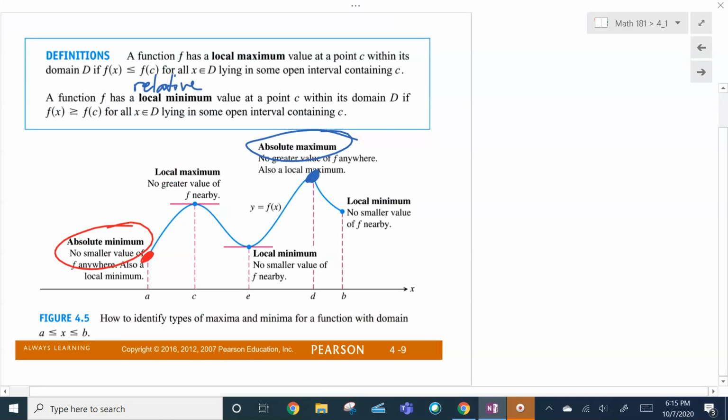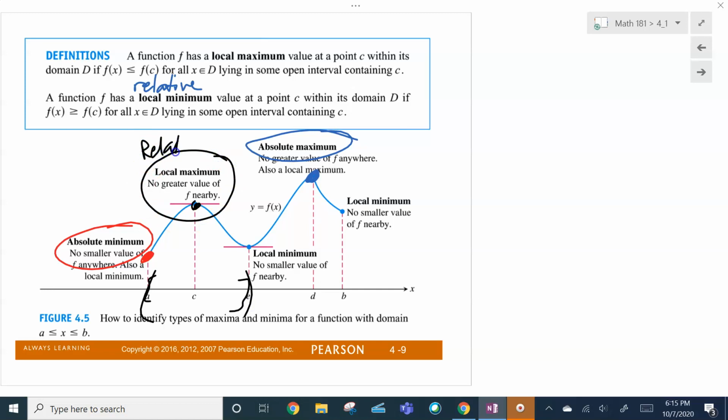From A to B. Now, in an interval, for example if we were just looking between A and E, that's the highest point in that interval, just from there to there. So that's a local or relative max. Here's a local minimum.